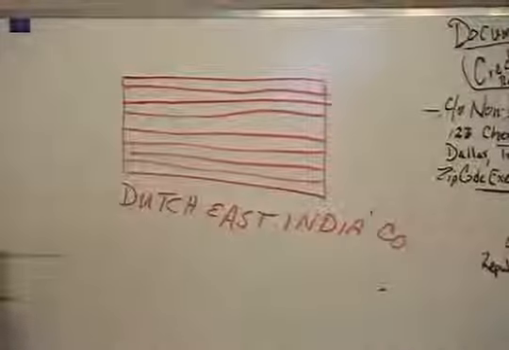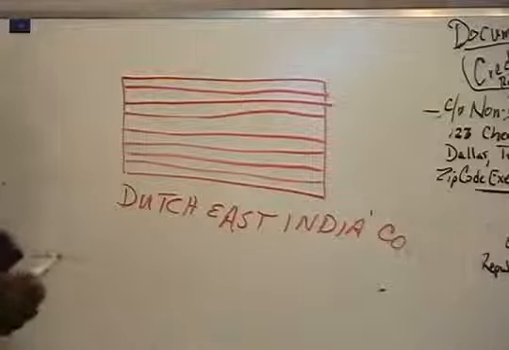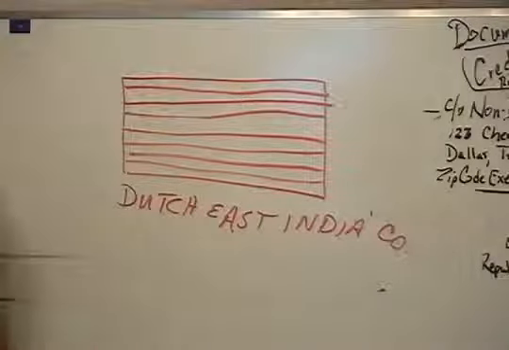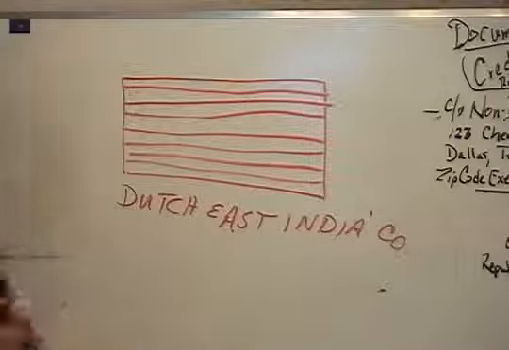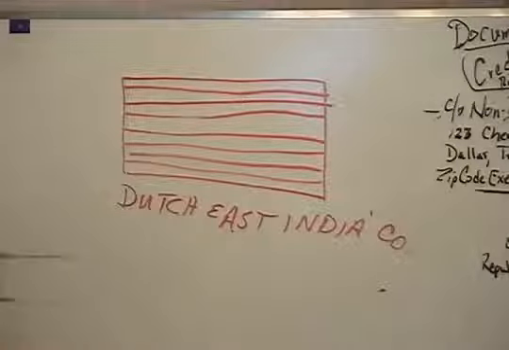Dutch East India Company. When the Netherlands, Germany, England, what have you, were plying the seas in commerce, conquering colonies and what have you, the Dutch East India Company is a company.